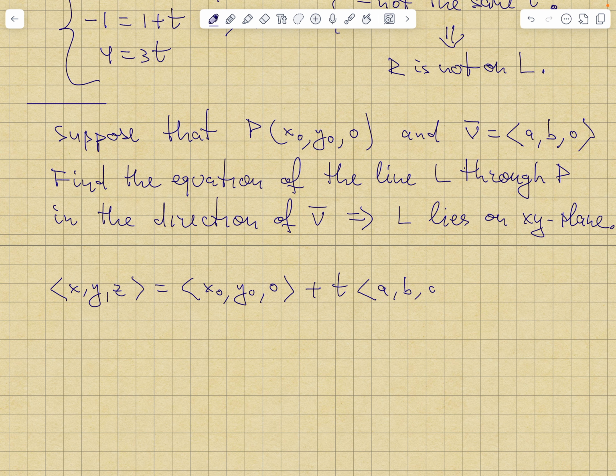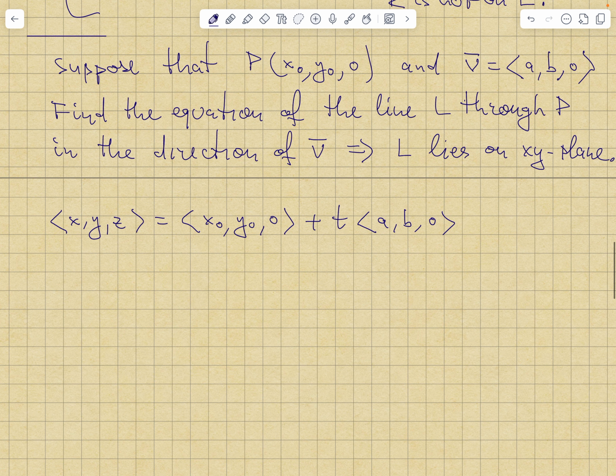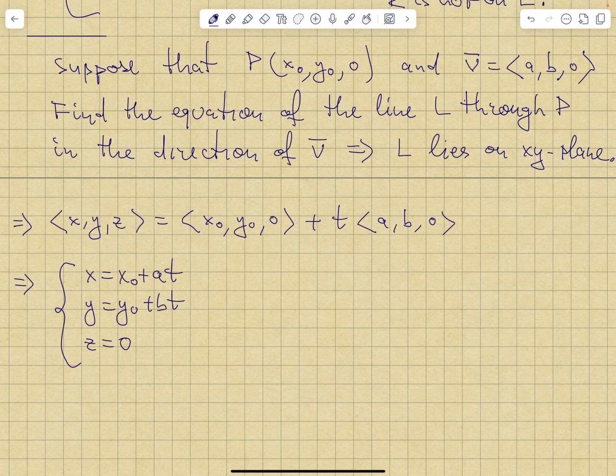And if I write this equation in a parametric form, I will get that x is x0 plus at, y is y0 plus bt, and z is 0. The third component being equal to 0 simply again signifies that my line lies on the xy plane.